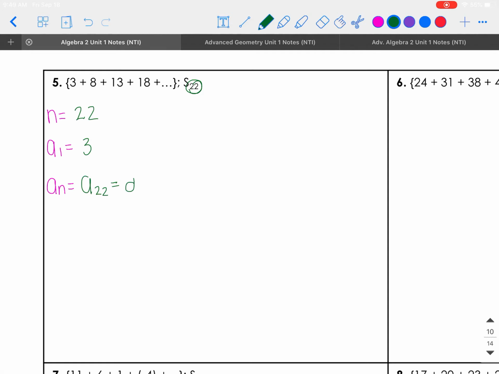So I'm going to do the formula d(n minus 1) plus A1. See if you can figure out your common difference.